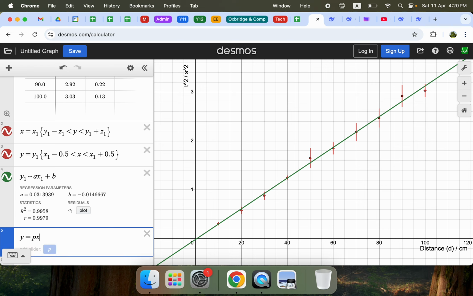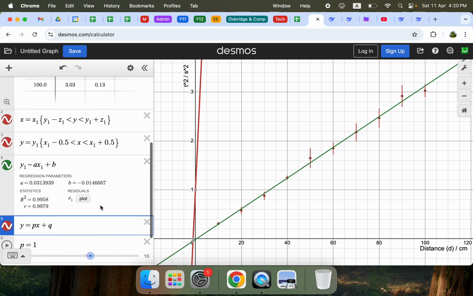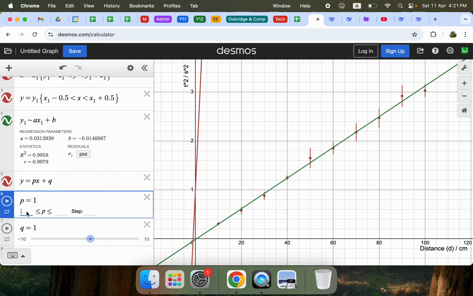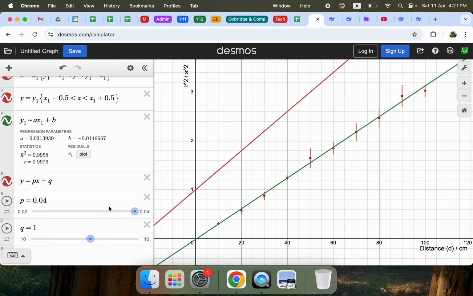I start off drawing a line, say px plus q, and I create sliders for the slope and the y-intercept. I can see that the slope is going to be around 0.03. So let's go from 0.02 to maybe 0.04 on this slider, and we go up in small steps to really capture the variation in slope.